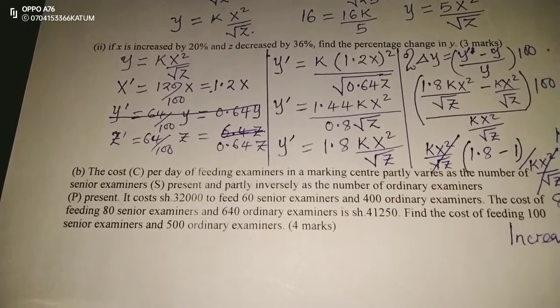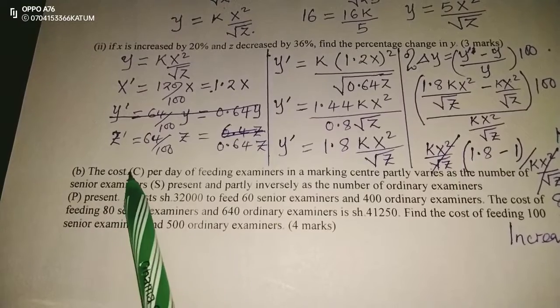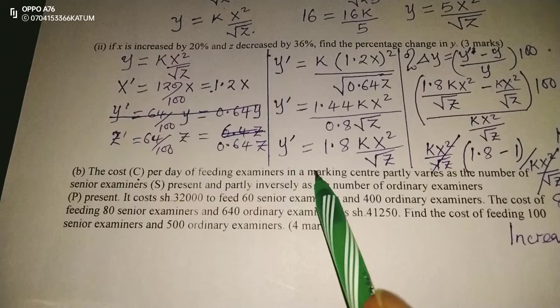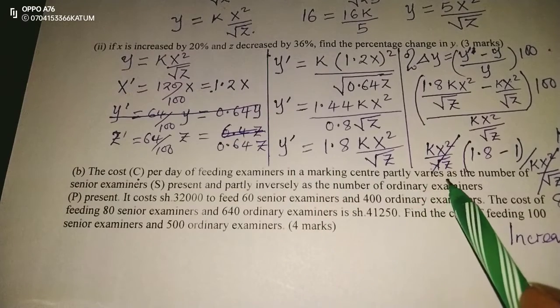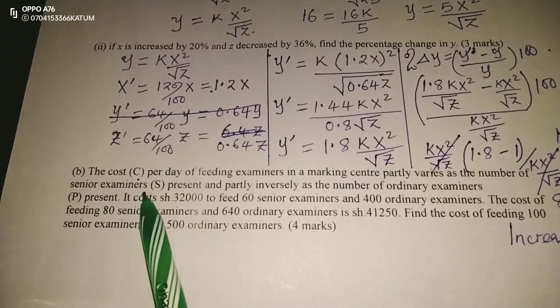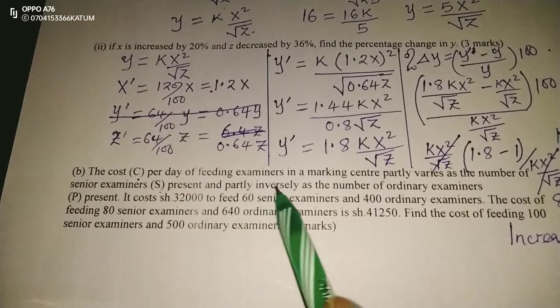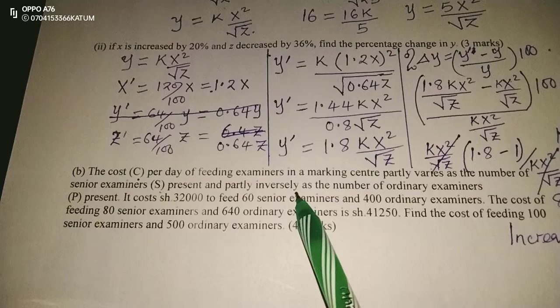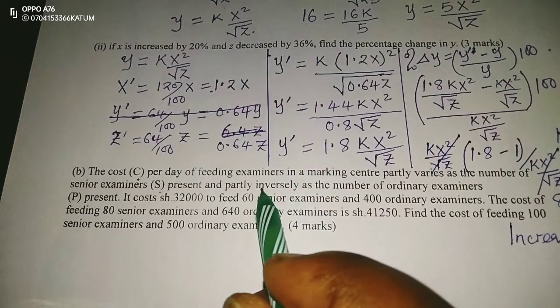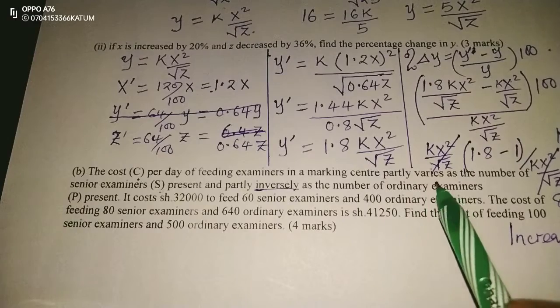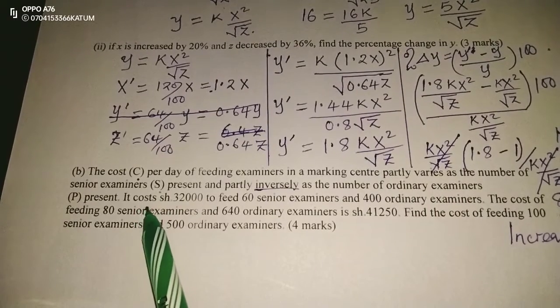Finally, we got a part B here, which says the cost C per day of feeding examiners in a marking center partly varies as the number of senior examiners S present, and partly inversely as the number of ordinary examiners P present.